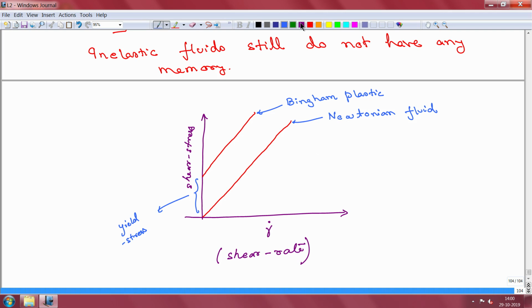A slightly different type of material here would look with a yield stress, but where this relationship may no longer be linear, is what is called the plastic flows. So, this is your plastic. Here the material has a yield stress.